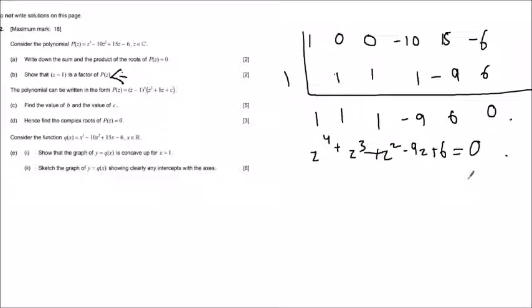And this does not help me with writing down the sum and the product of the roots of p of z equals 0. I can tell you though that the product of the roots is 6.